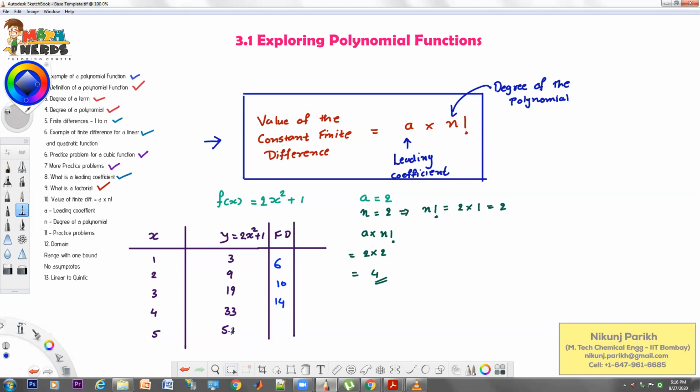And 51 minus 33 is 18. Now comes the second difference. 10 minus 6 is 4. 14 minus 10 is 4. And 18 minus 14 is 4. So my second difference is a constant, and that value matches with this 4.